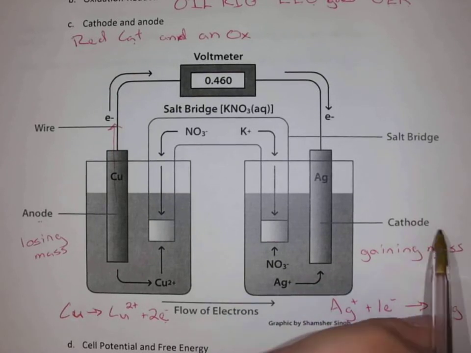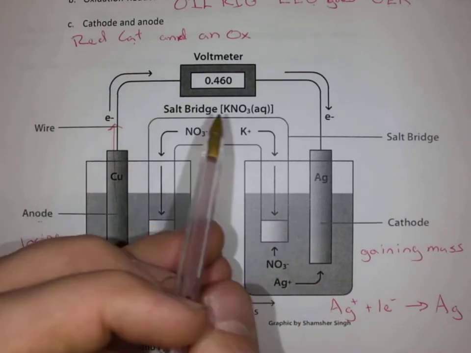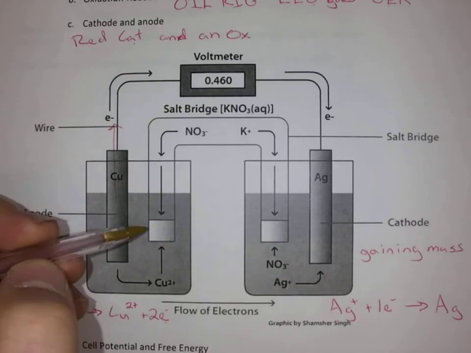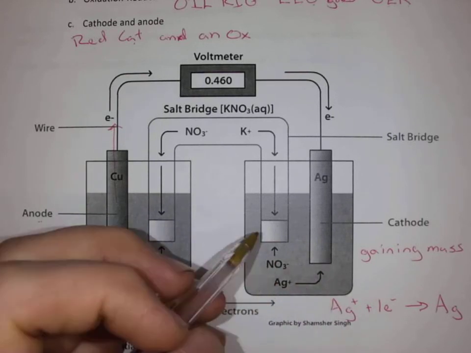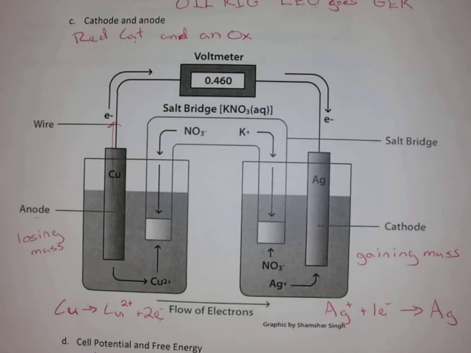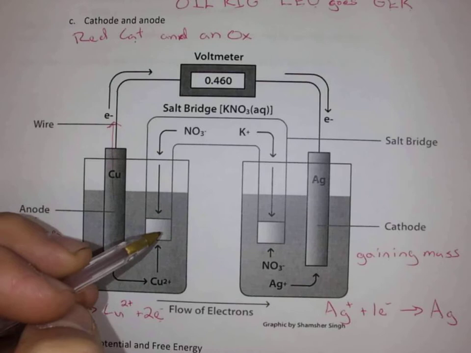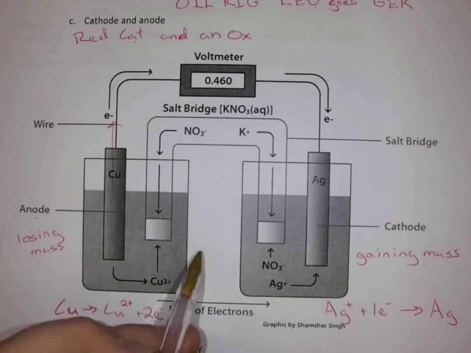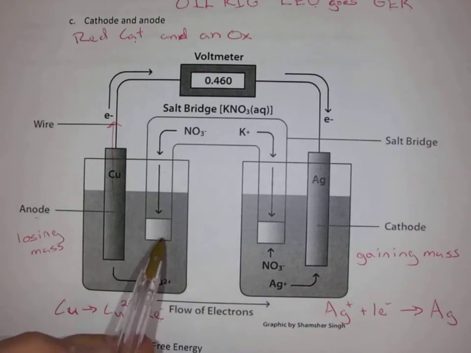Red cat, cathode, okay? The last piece to allow this reaction to occur is this salt bridge. If we are losing positive charge over here, we need to lose negative charges as well to keep the overall charge balanced. So our negative charges can come over and travel through this salt bridge to this side, where we are increasing our positive charges, so we need negative charges in here, okay?